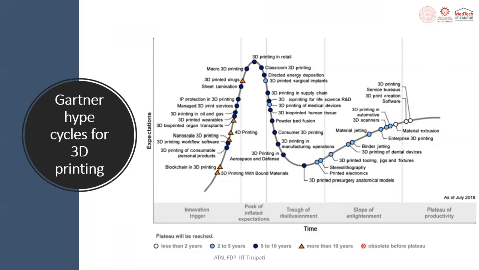For 4D, it will take more than 10 years to reach. For 3D printing in oil and gas, it will take another 5 years. Other normal printing will go much faster. So this is the hype cycle, to be taken with a word of caution that 3D printing is gaining a lot of momentum and is also reaching its top.